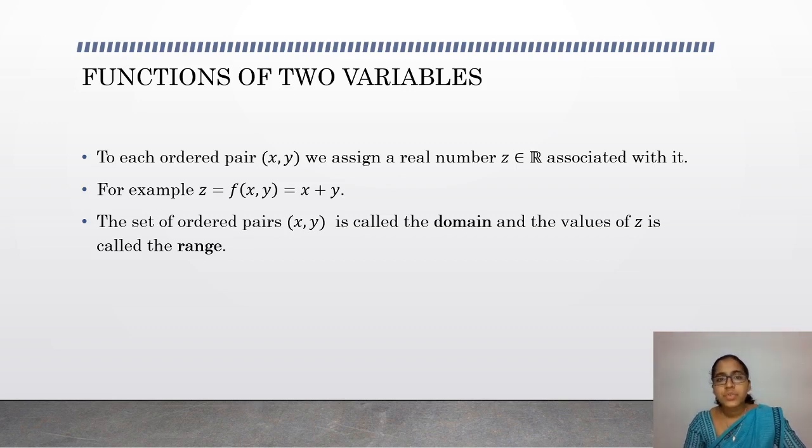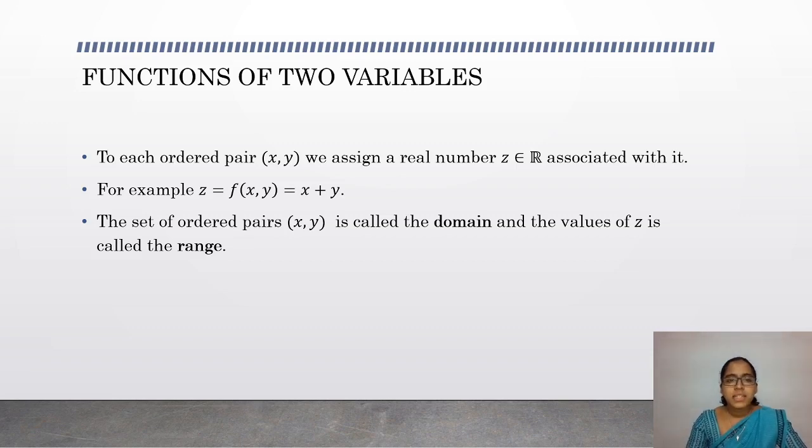Now in functions of two variables, to each ordered pair we assign a real number z belonging to R. So corresponding to every ordered pair x and y, we can find a real number. For example, z is equal to f of x y is equal to x plus y. That is a function of two variables.